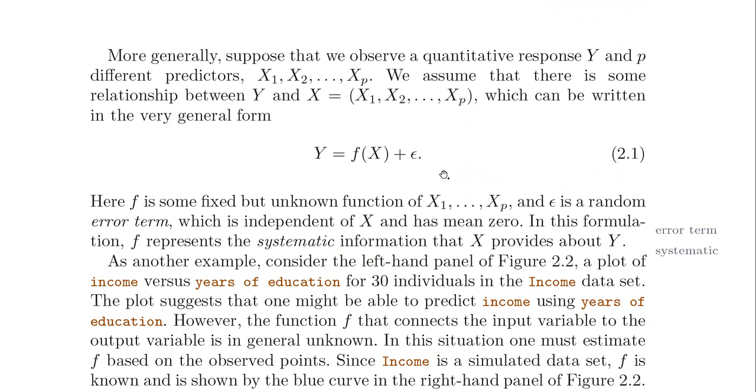Whereas, in fact, it's not the case. This has a probability distribution, and for each observable that we generate, epsilon is going to take a different value. Now, the values that it takes on depend on the probability distribution.